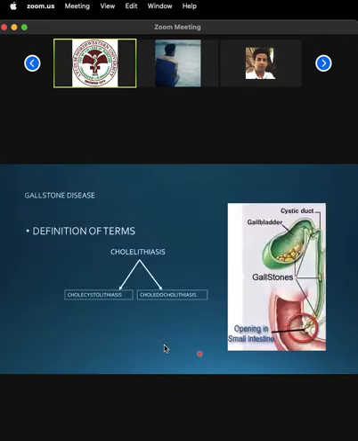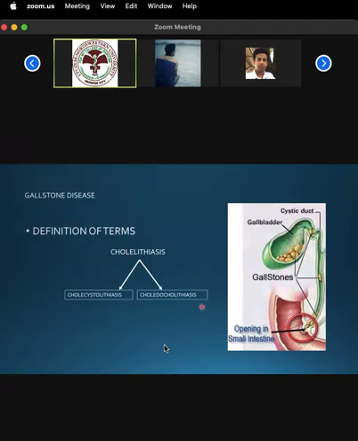Before going any further, let us try to define some terms. When you say cholelithiasis, this means to say that you have stones anywhere in the hepatobiliary tree. When you say cholecystolithiasis, this means to say that you have stones in the gallbladder.